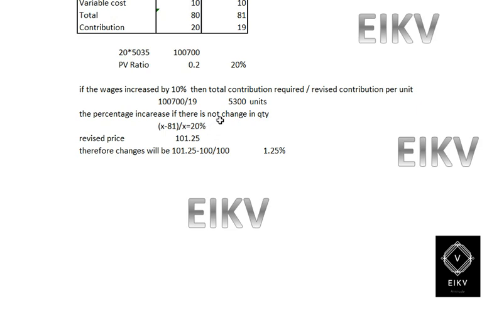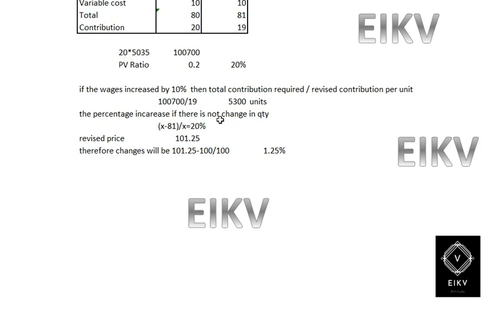Now if there is no change in quantity, that is, the quantity remains 5,035, what will be the change in selling price to arrive at the same level of profit, or the same level of contribution? We take X as the sales price, and we need to find it.